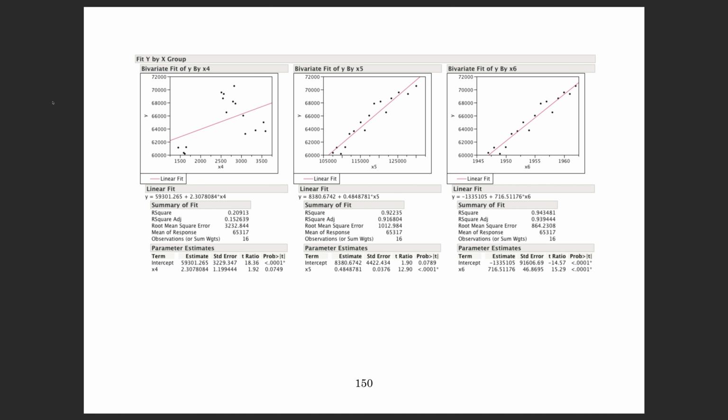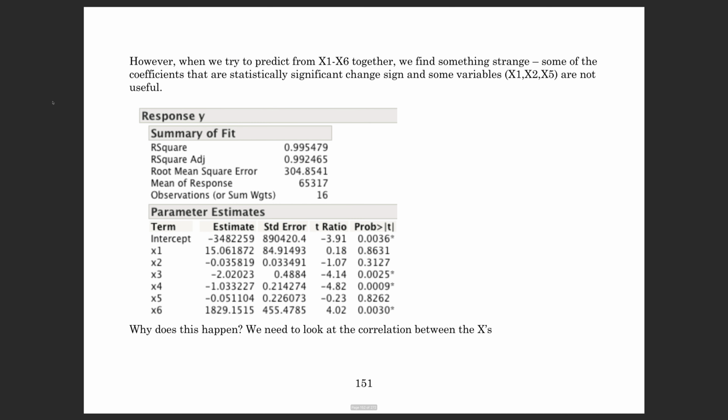So let's now look and see what happens if we put all the x's in together. The good news, first of all, is that the R squared goes up to over 99%. Of course this is a much more complicated model, but you can see even the adjusted R squared is over 99%. So this is clearly a much better prediction model than the individual x's.